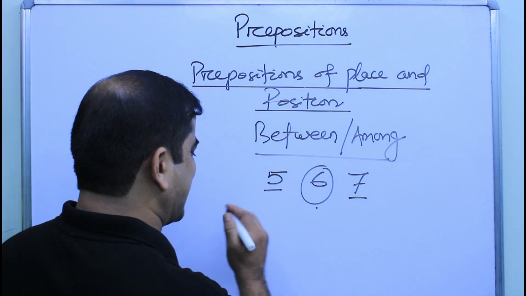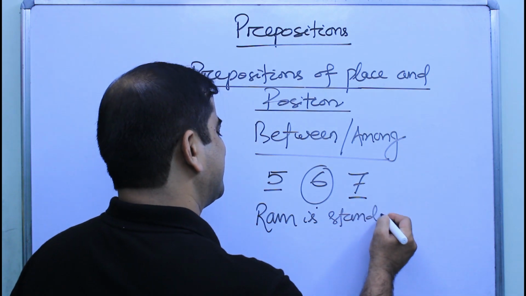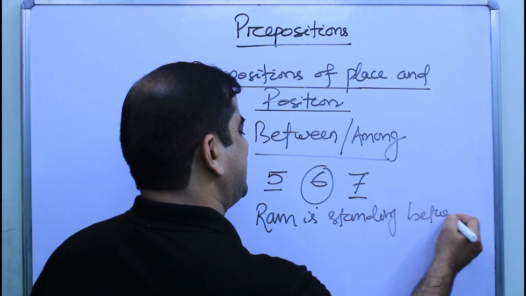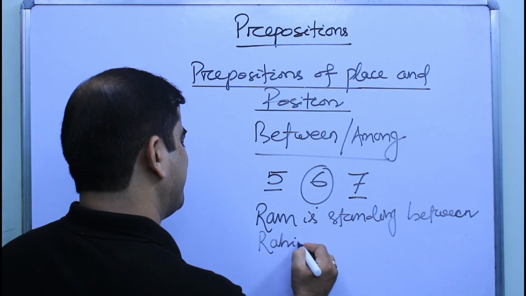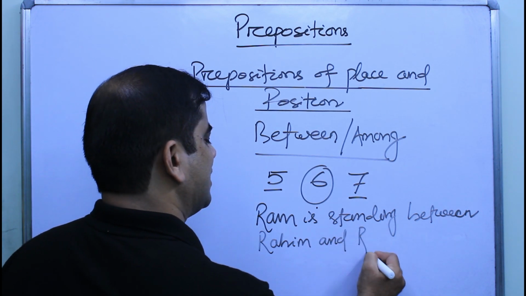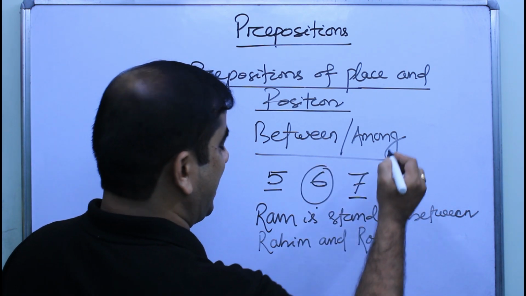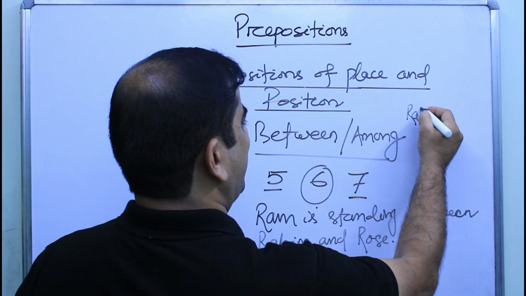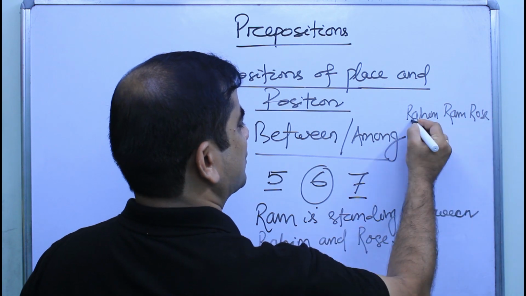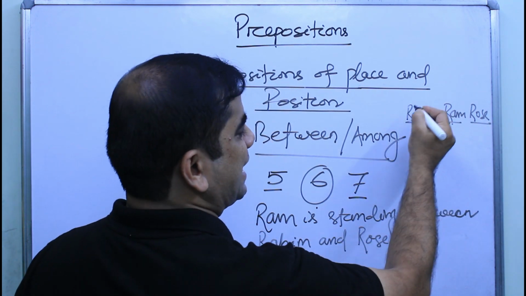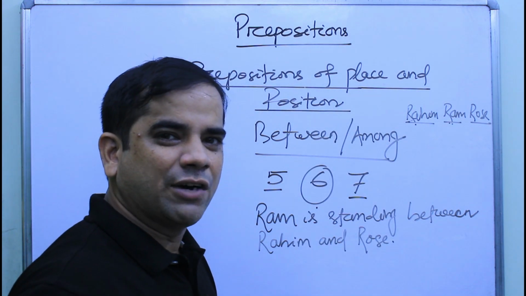Same way, we can say that Ram is standing between Rahim and Rose. That means suppose this is Rahim, this is Ram and this is Rose. So Ram is standing between Rahim and Rose. Hope you understand the use of between.